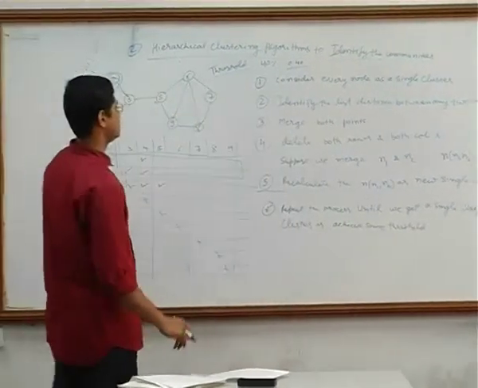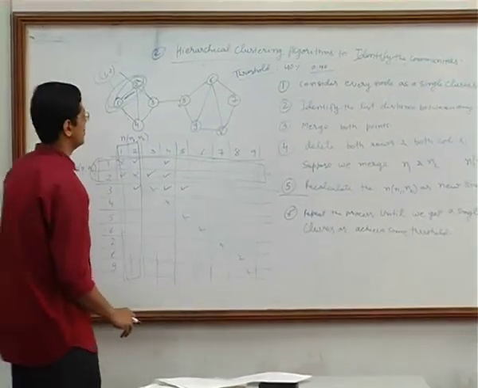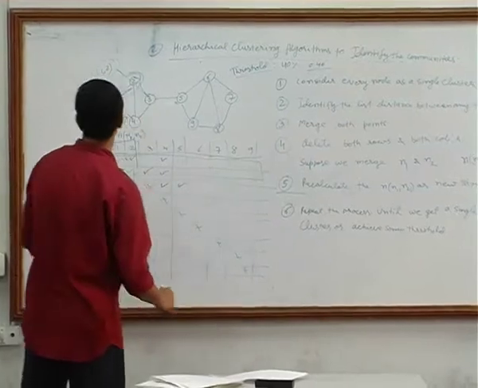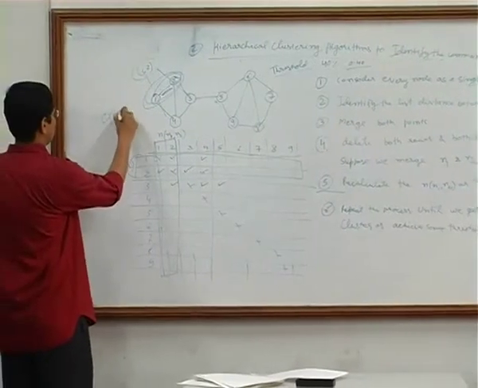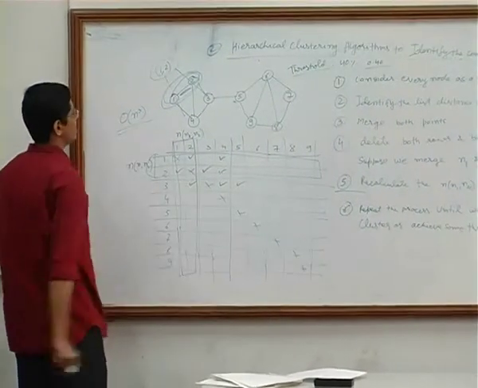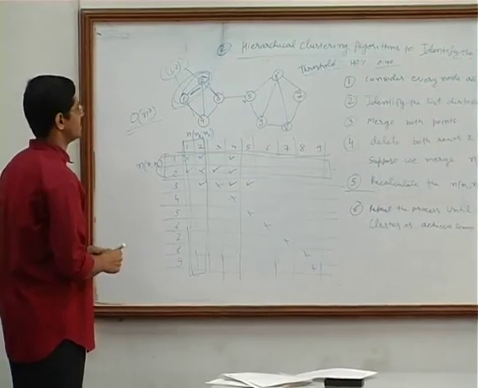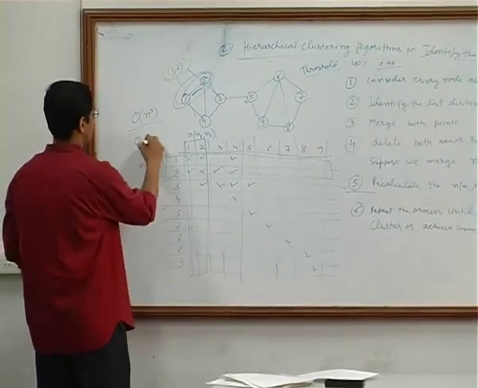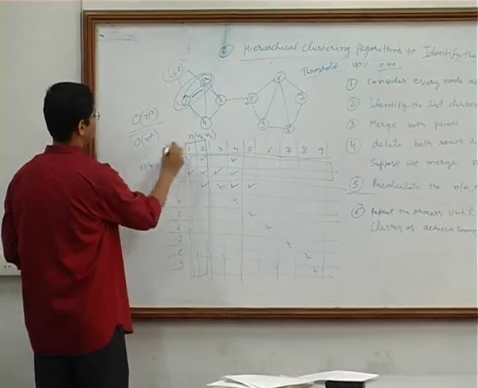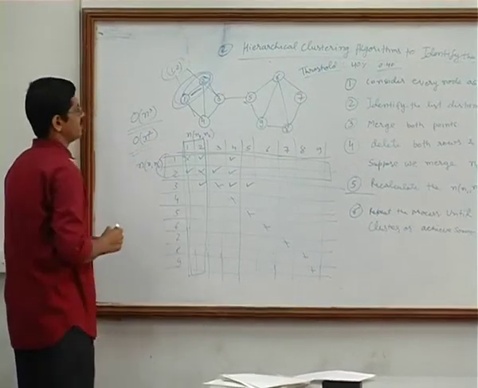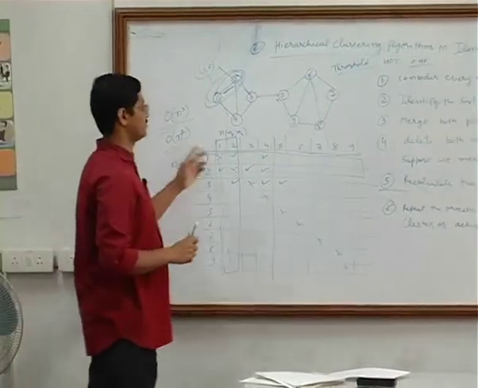In the general case, such algorithms take O(n^3) time complexity, but by use of a suitable data structure, we can reduce the time complexity to O(n^2), where n is the number of vertices in the graph.